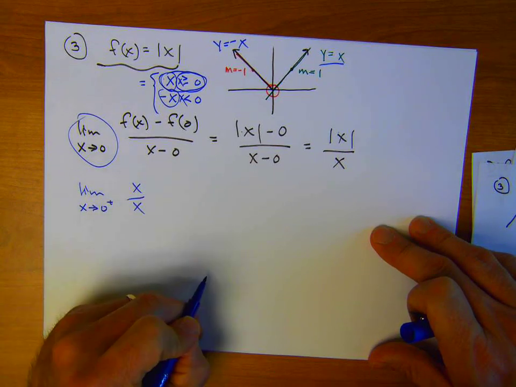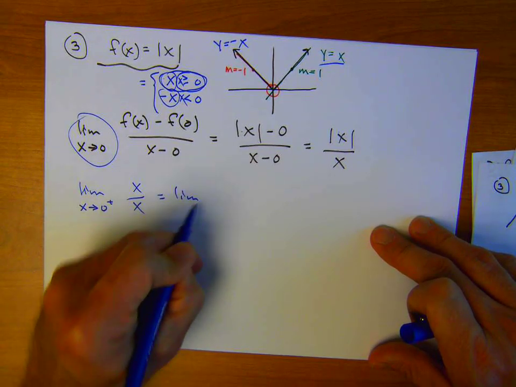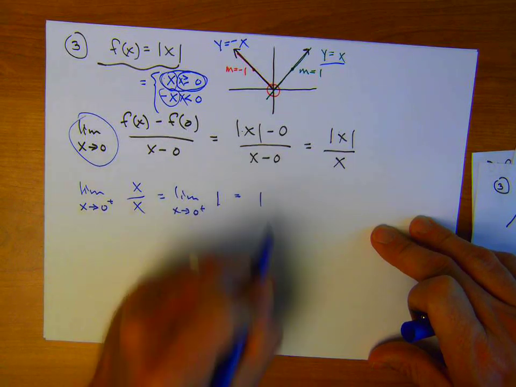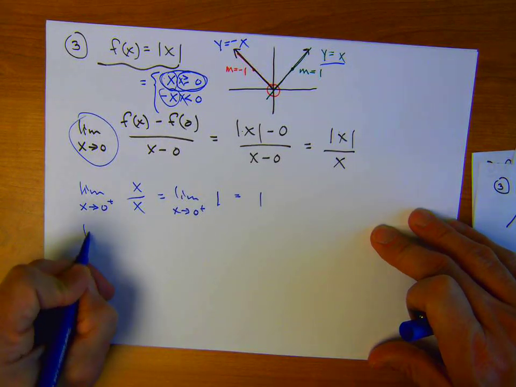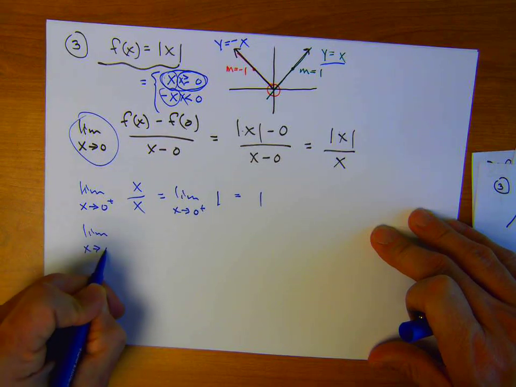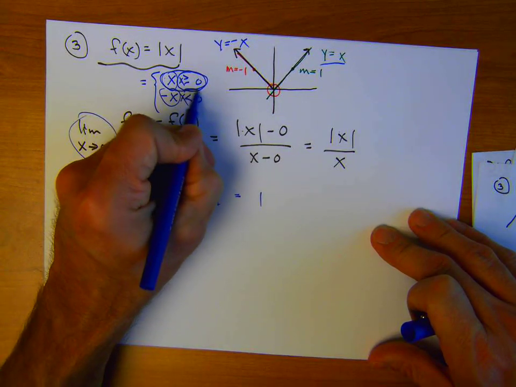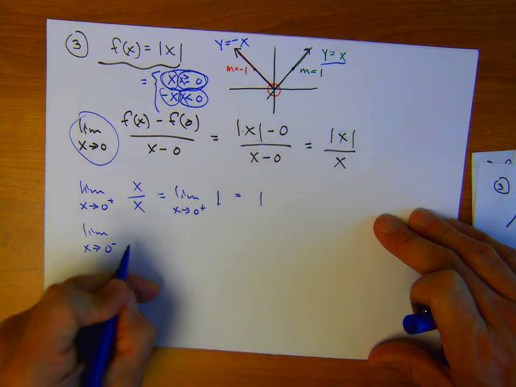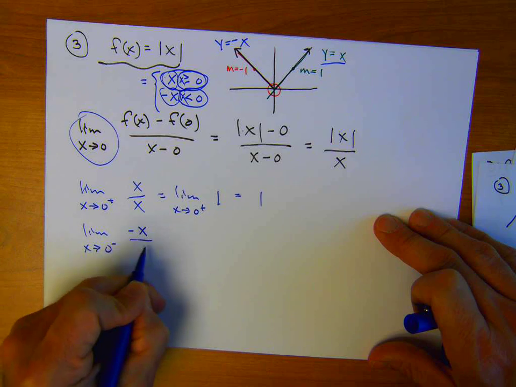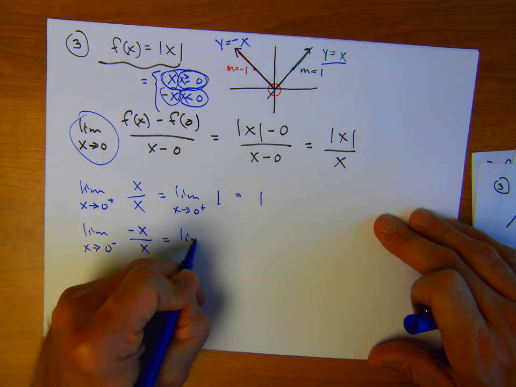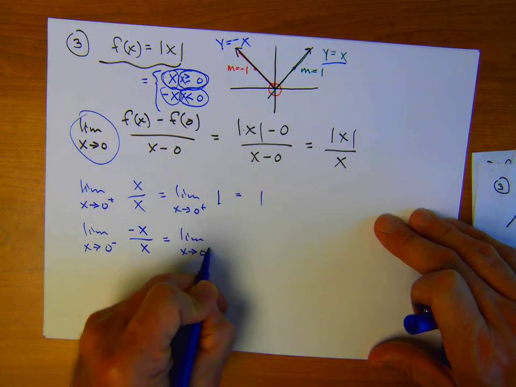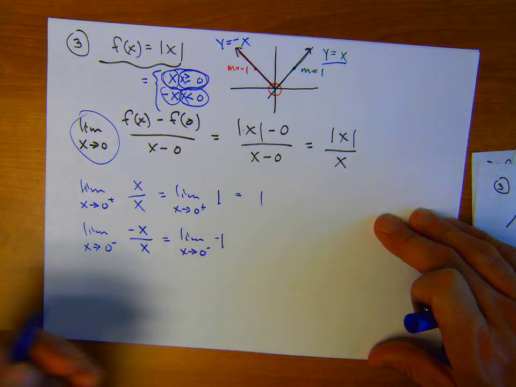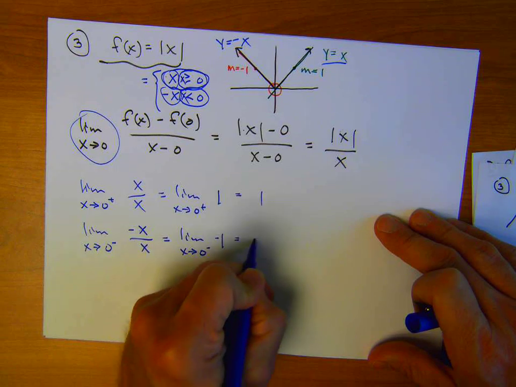So I have the limit as x approaches 0 from the right of 1, and the limit of a constant is just the constant. Coming at it from the left, we're on this part of the domain where x is negative, so absolute value is negative x over x. Well, that's the limit as x approaches 0 from the left of -1, because negative x divided by x for any value of x is -1, and that gives me -1.